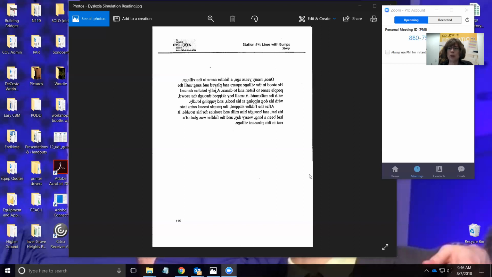But in the meantime, until they've broken the code to be able to read, students may need some assistance with, say, a text reader, so that they can have access to the grade level content. So the grade level content in science class or literature class or even math class.